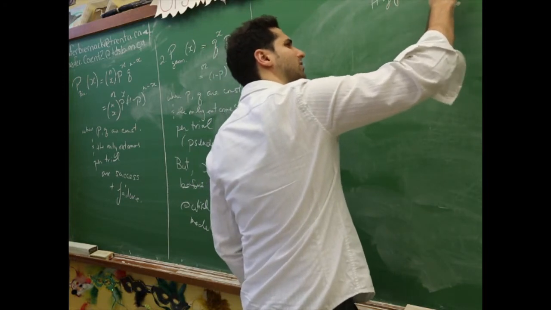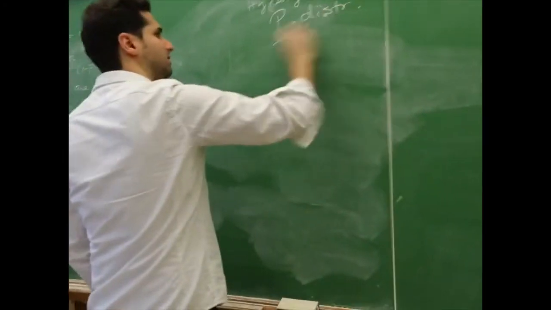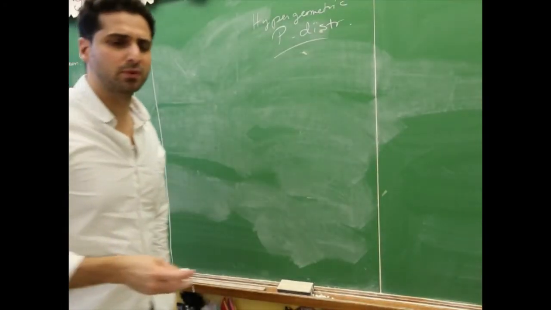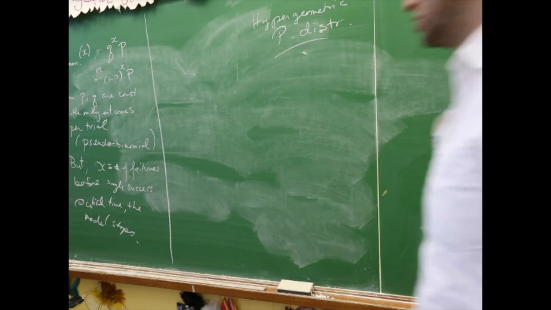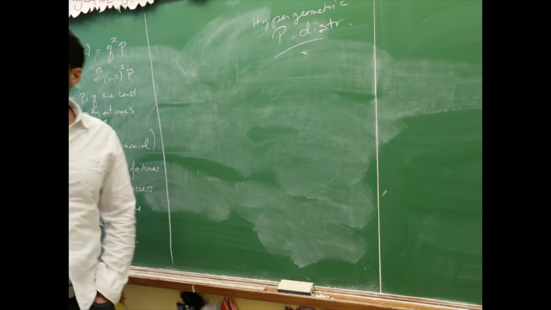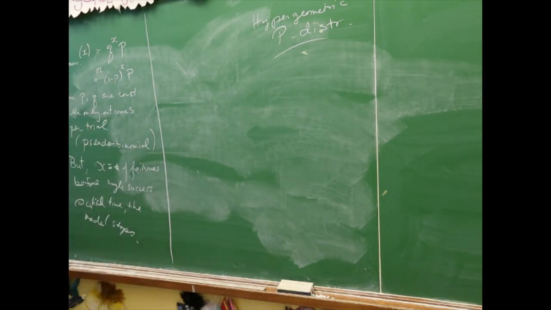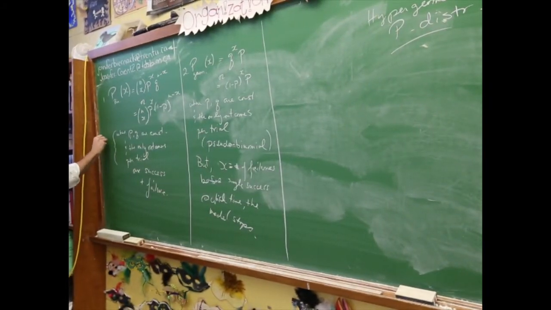So now we can look at hypergeometric probability distribution. The hypergeometric. Again, this one is also going to be discrete. Hypergeometric probability distribution will apply to scenarios where trials are dependent on one another. So in this particular case, we can say trials are independent from one another.